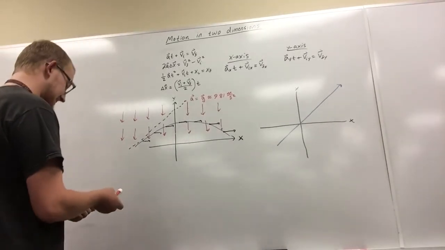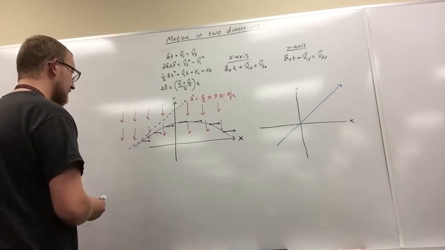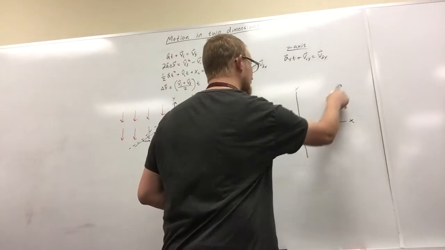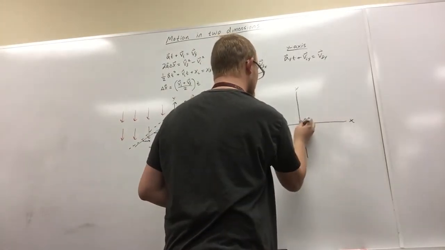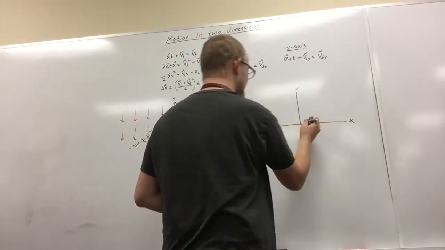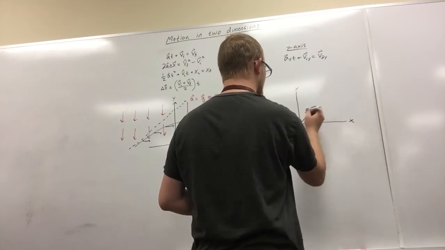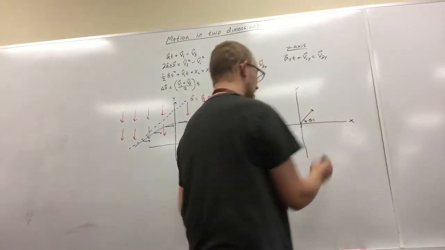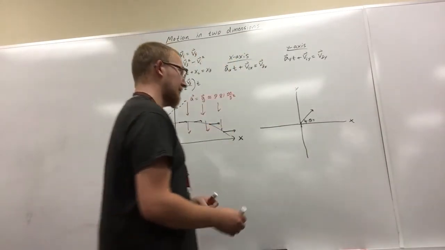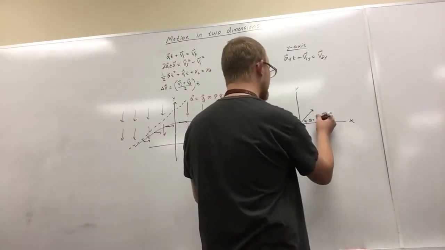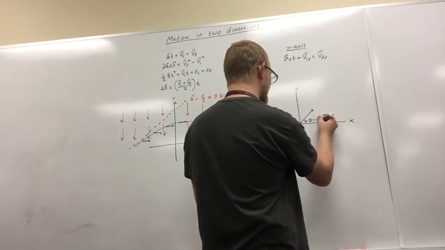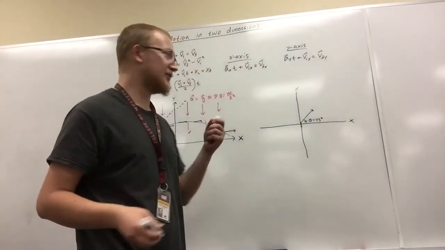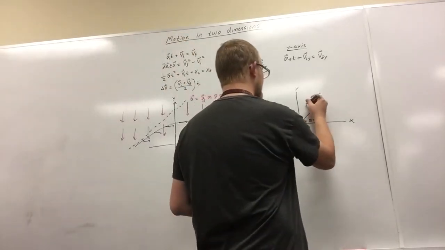Let's use this graph here, and we're going to do a similar problem. Starting at the origin, let's say I have projected something at an angle of 45 degrees, and I've given it an initial velocity in that direction.